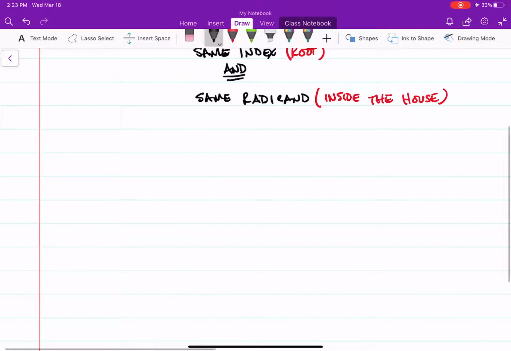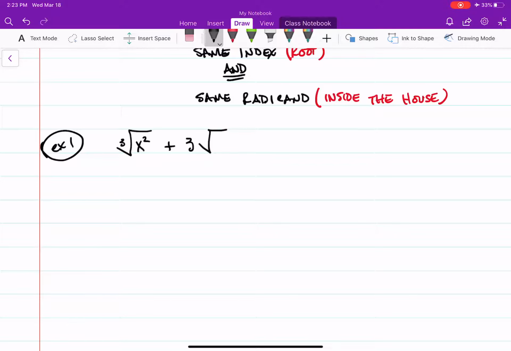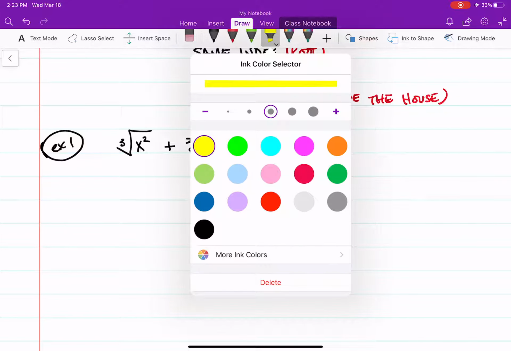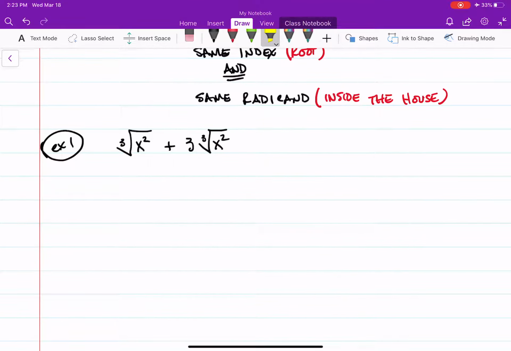So let's show you by example here. If I had the cube root of x squared plus 3 cube root of x squared, if you notice, the 3 as a root is the same, and then the x squared is also the same.